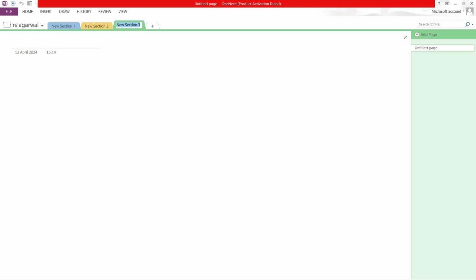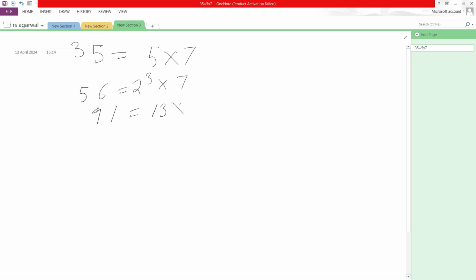So we'll see. 35 equals 5 into 7. 56 equals 2 cube into 7. After that, 91 is equal to 13 into 7. Now LCM equals, we'll take 2 cube into 5 into 13 into 7.